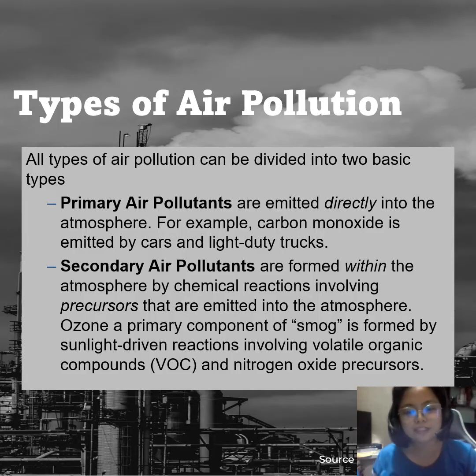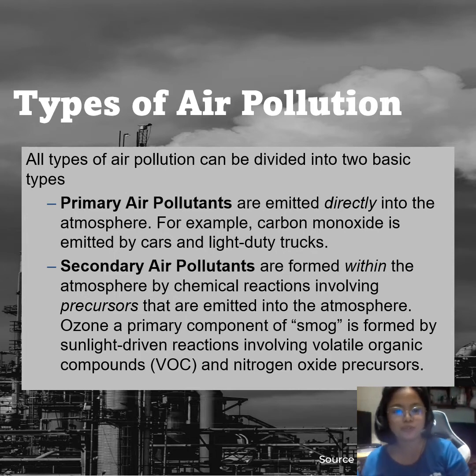According to CART.org, there are two types of air pollution. All types of air pollution can be divided into two basic types: primary air pollutants and secondary air pollutants. Primary air pollutants are emitted directly into the atmosphere.